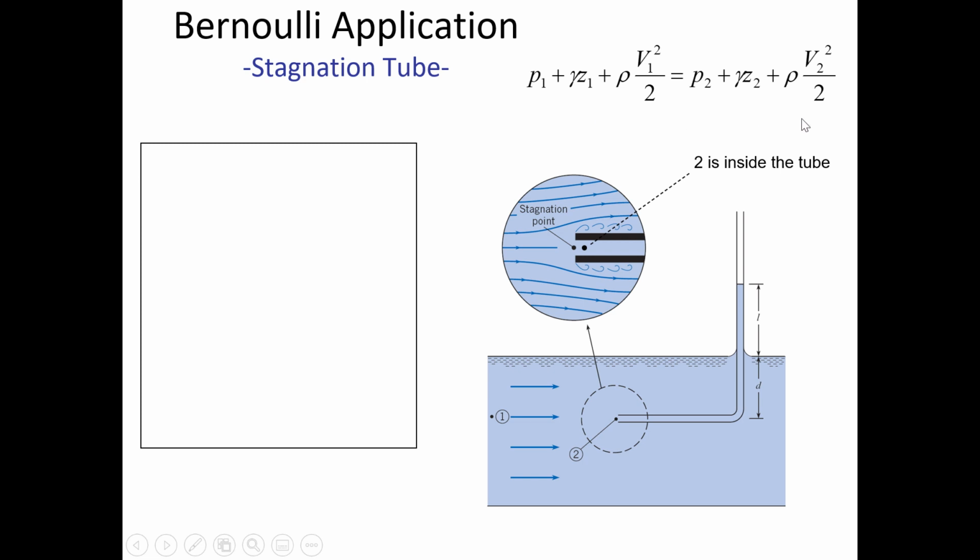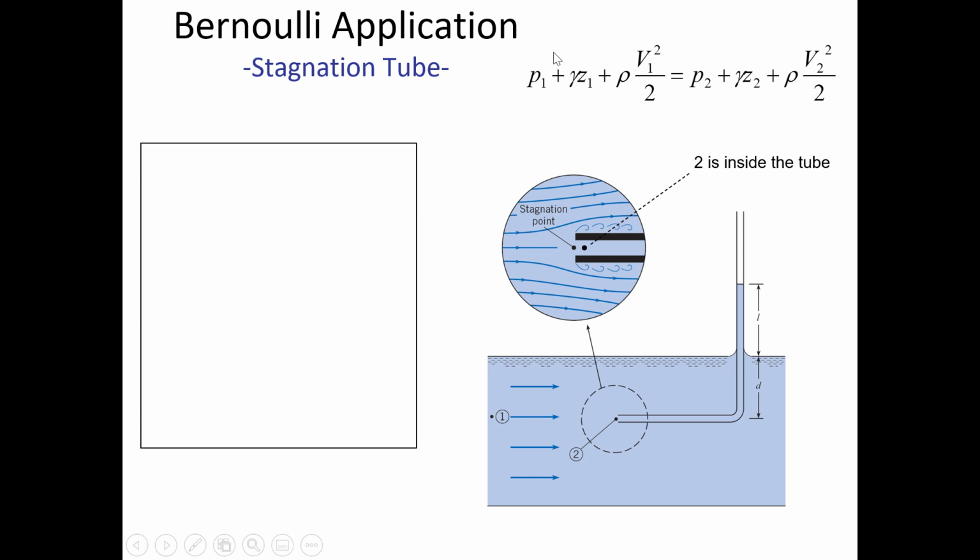And so here's Bernoulli's equation written in terms of pressure rather than in terms of pressure head, where we've got the pressure plus gamma times Z1, and collectively these two terms are the piezometric pressure, representing the amount of potential energy in the fluid. And then here is the velocity term. If we take velocity and square it and multiply it by the fluid density, then we'll have units of newtons per meter squared, just like the other two terms as well.